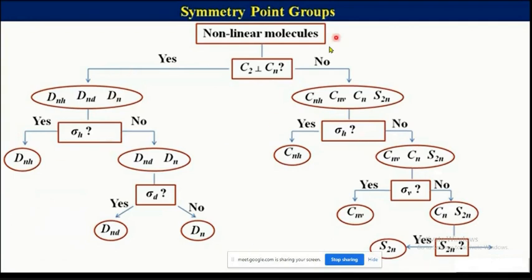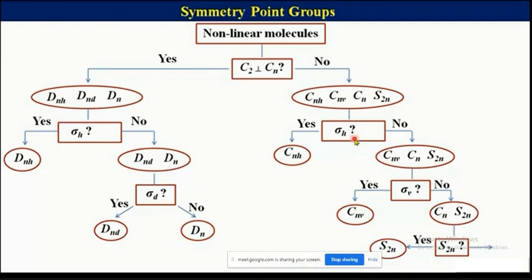Let us move towards the right hand side. In the right hand side, it is mentioned that if C2 is not perpendicular to the axis of rotation, then these four probabilities are there: Cnh, Cnv, Cn, and S2n. These four point groups can be possible. Now the next is sigma h, same as in case of D. If sigma h is present, then the point group will be Cnh.